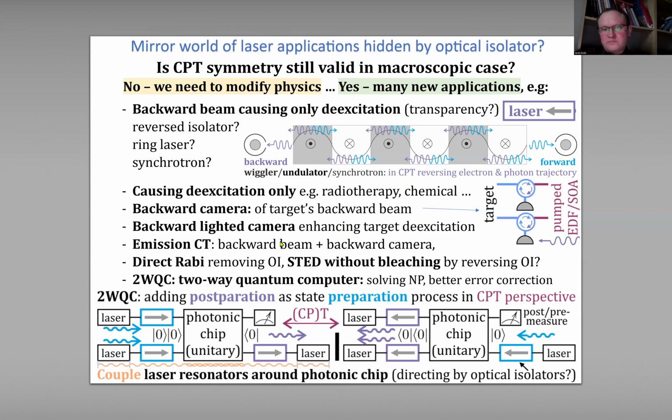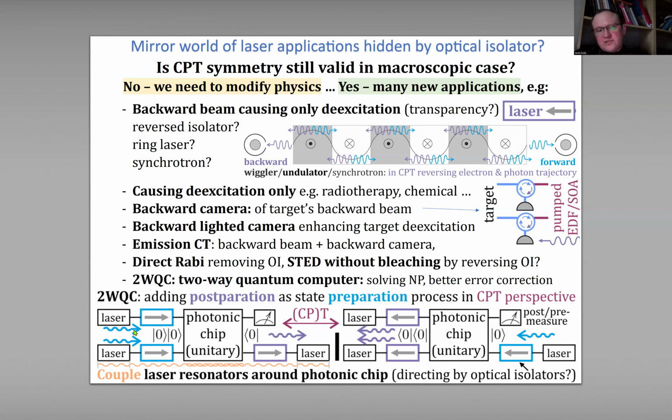I think also medical applications, maybe different ones. This emission computed tomography, especially hyperspectral, through the backward camera with the backward beam, I think it should give a very detailed tissue map with all the problems.